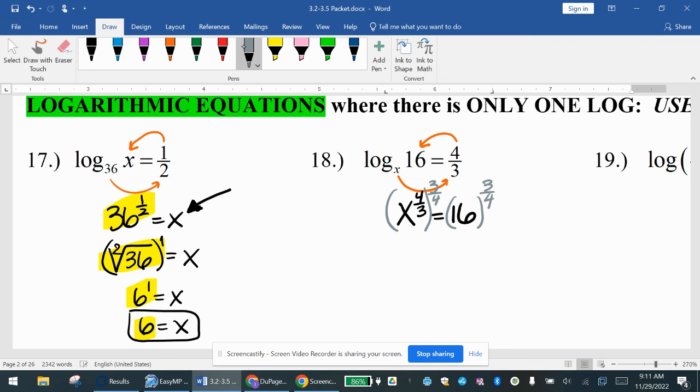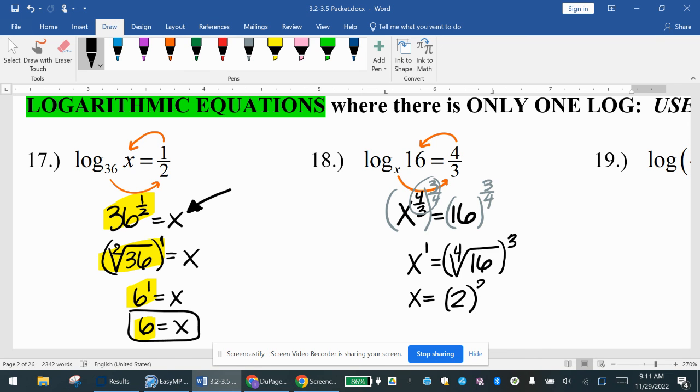That allows me to multiply 3/4 and 4/3 to get an answer of 1. Remember, your answer should always have x equals x to the first power. I'm going to rewrite this as the 4th root of 16 to the power of 3. The 4th root of 16 is 2, and then raise it to the 3rd power.